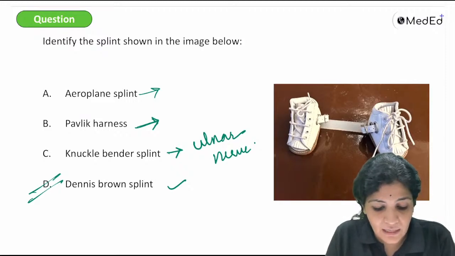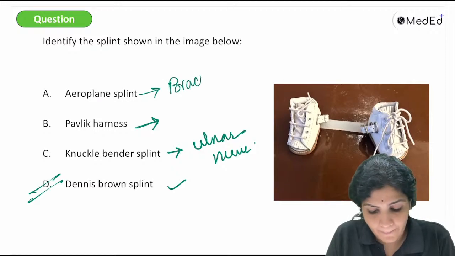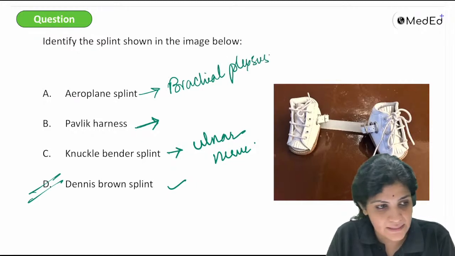Very good. Aeroplane splint is used for? Brachial plexus. Yes. Then Pavlik harness is for?